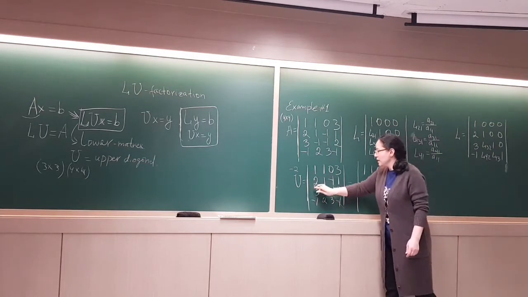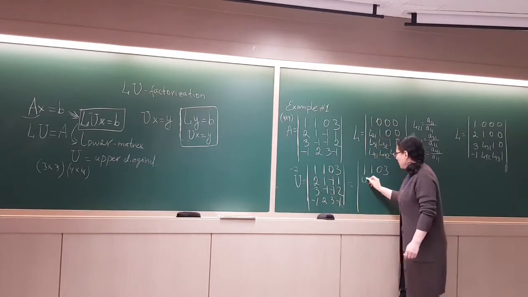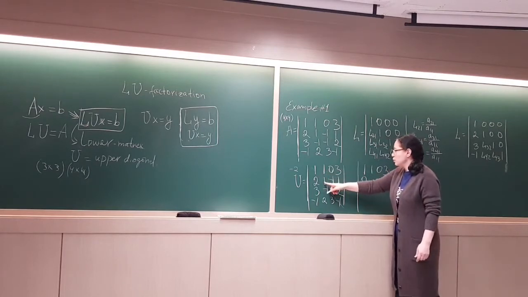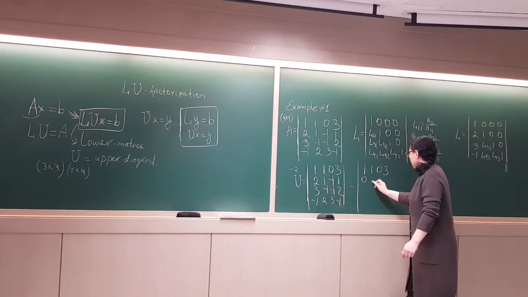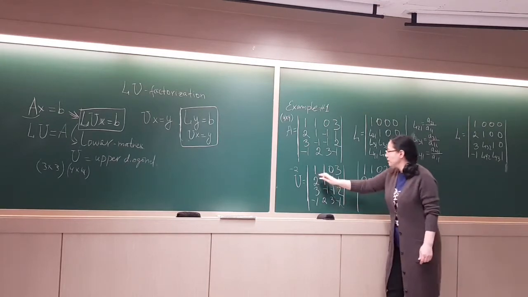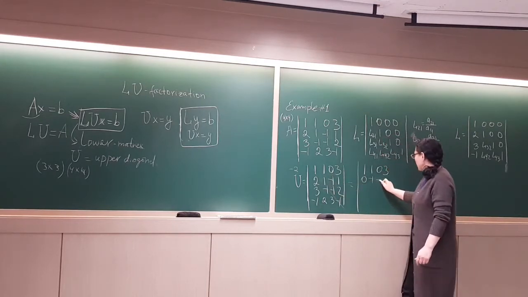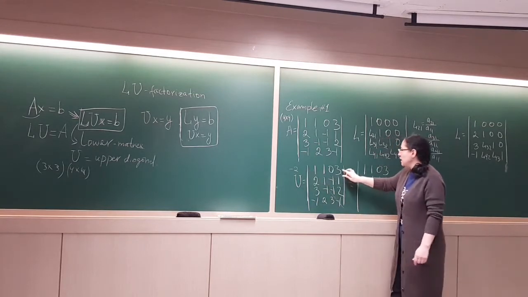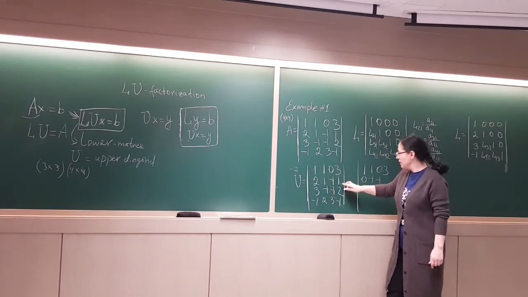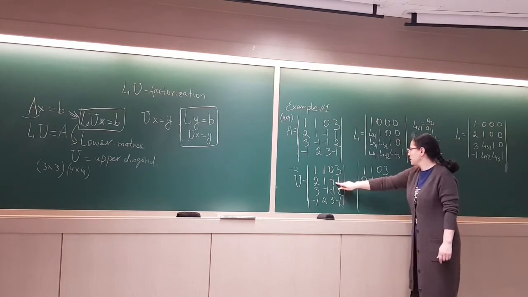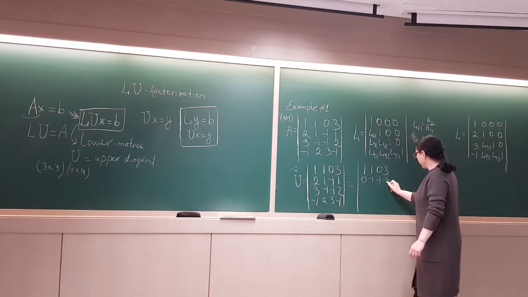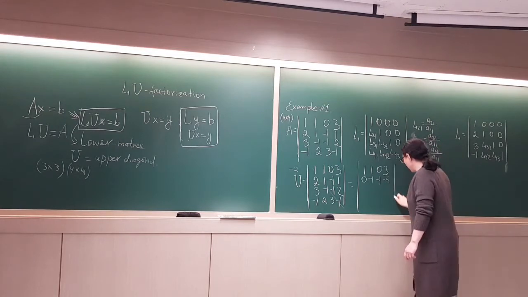The second is 0, minus 1, minus 1, and here minus 6 plus 1, minus 5.